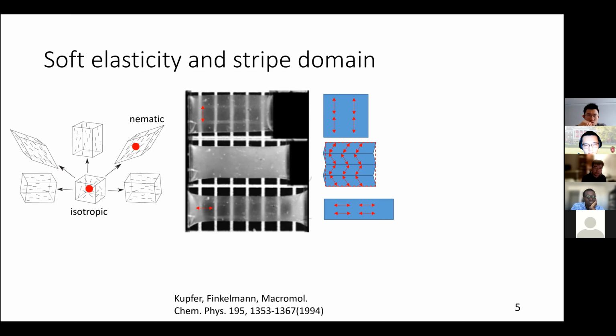If we average this extension out, we get the macroscopic strain as applied. This is confirmed by experimental observation, where in a zoomed-in picture you can see these stripes.